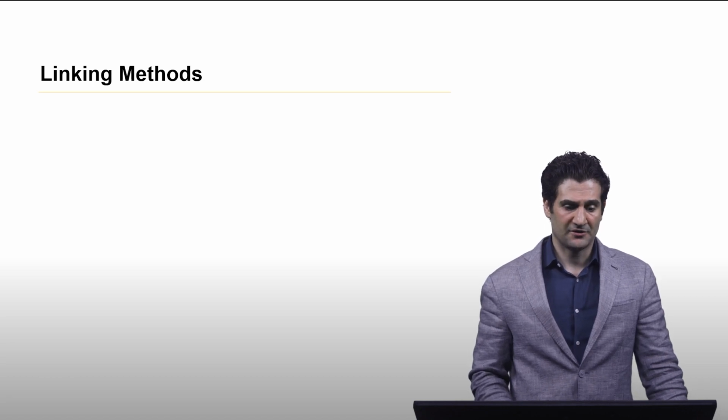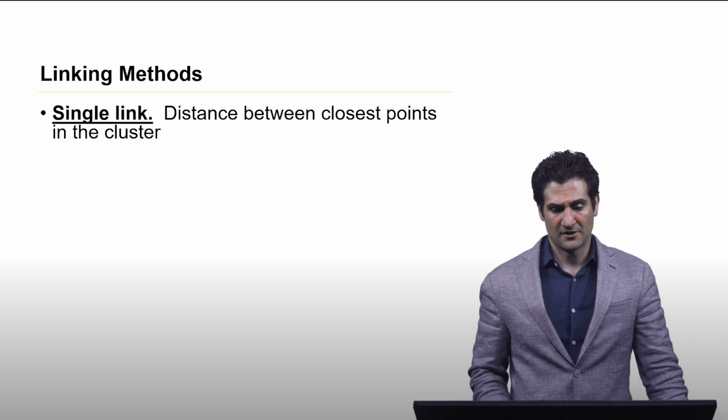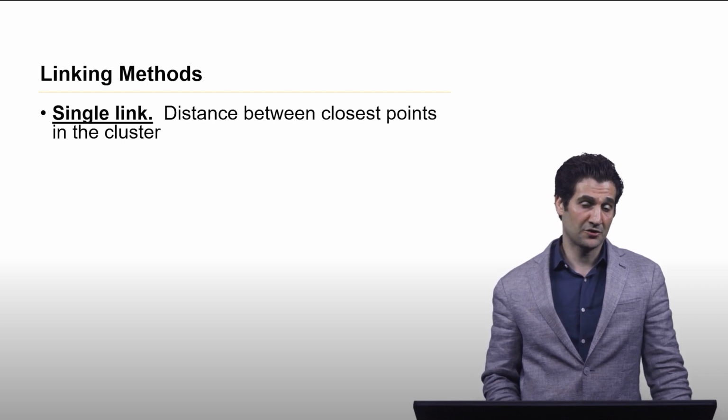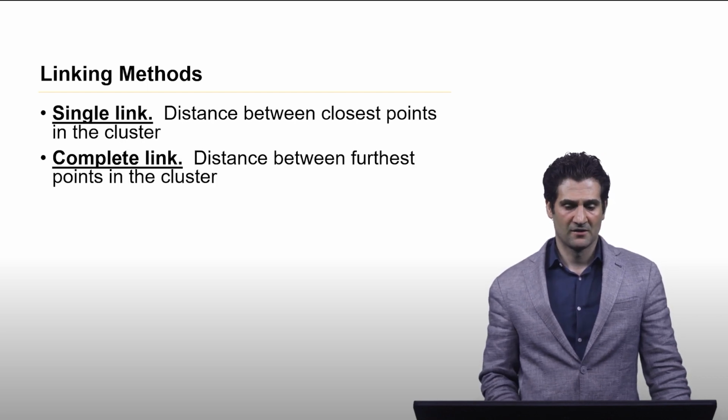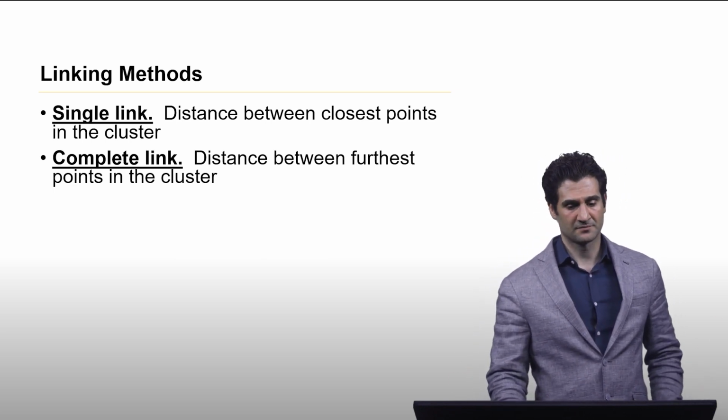Now, linking methods. How do we link 2 clusters together? There are a couple of different ways of doing this. One is single link, which is the distance between the closest points in the clusters. The other is called complete link, which is the distance between the furthest points.